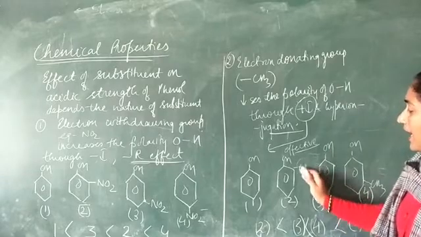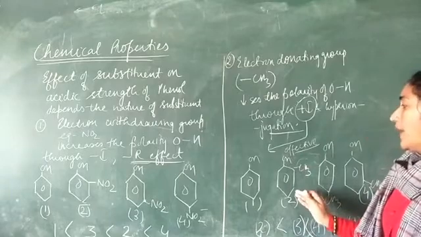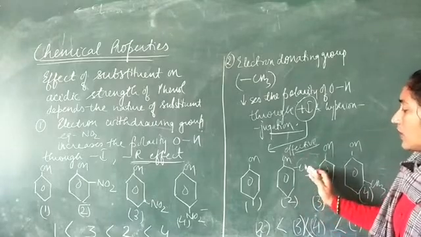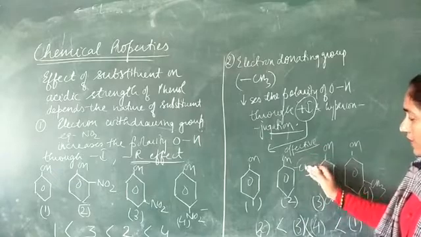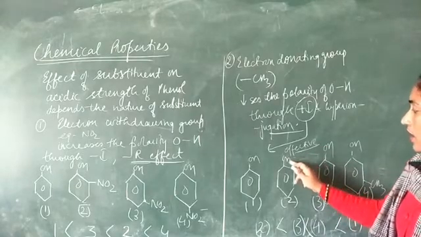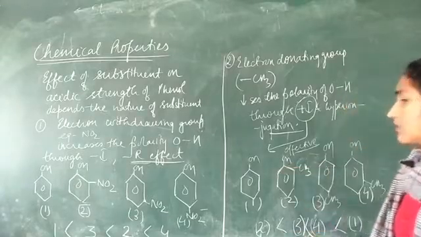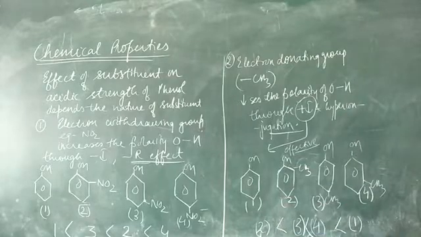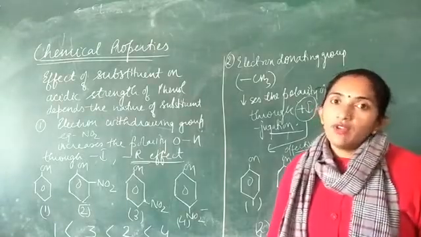Since the CH3 group is closer to the OH group, where it has to play its role, its effect will be more pronounced, right? And in the O-H bond, the bond cleavage will be reduced, and hence it is going to be the weaker acid. So here we have completed the effect of the substituents on the acidic nature of phenol.